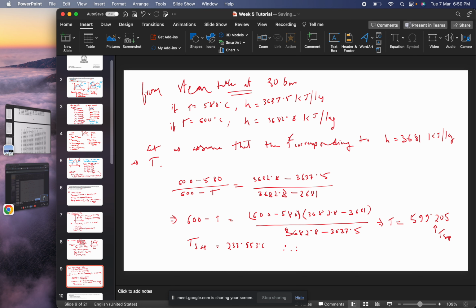So therefore degree of superheat is equal to T superheat minus T saturation, that will be equal to 365.35 degrees Celsius.